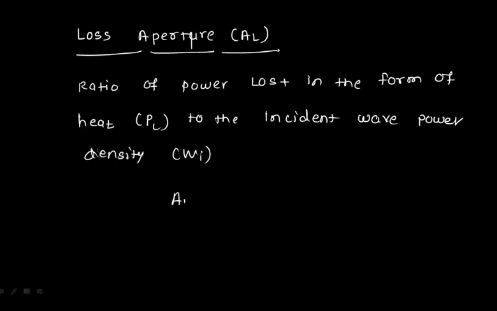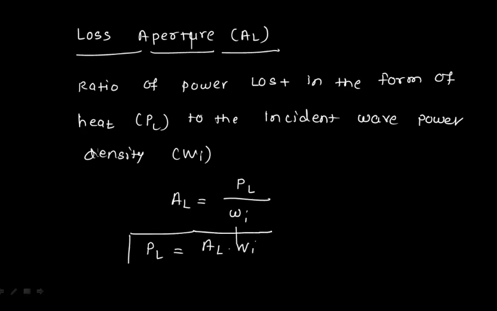So your loss aperture will be PL by WI. If you are interested in the power lost, you simply multiply this AL with WI and you'll get the power lost. Okay, this is the loss aperture.